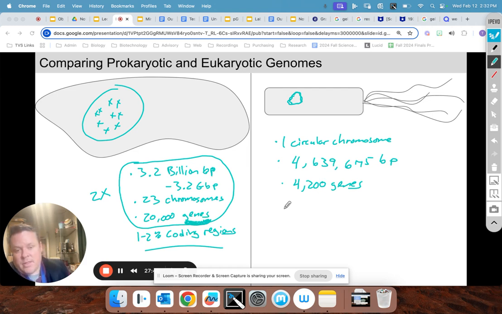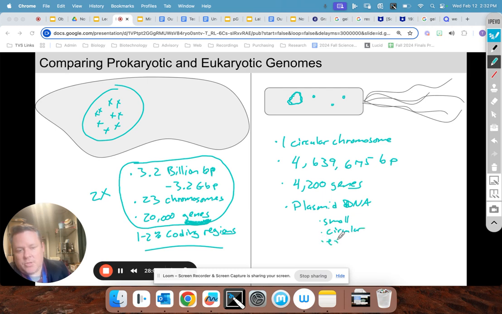So now the important part for us is that there's one other thing: plasmid DNA. Plasmid DNA is small. It is circular.